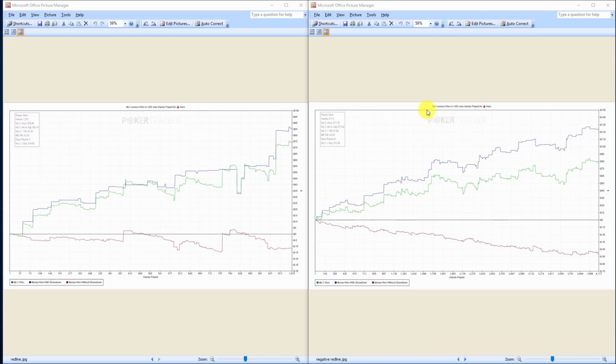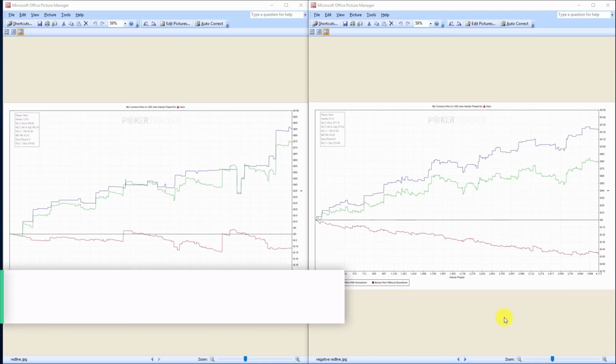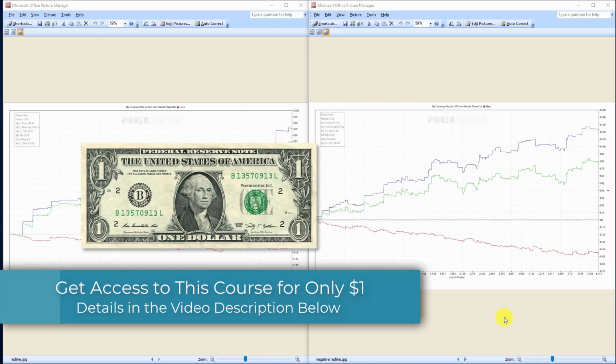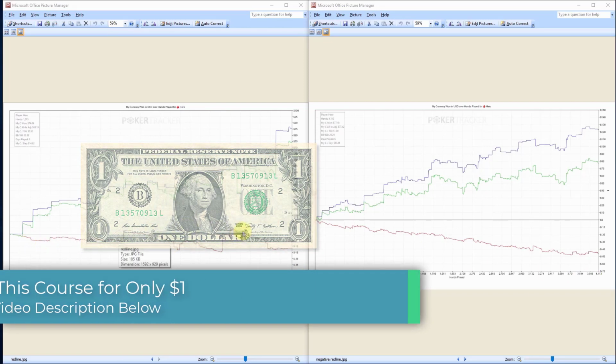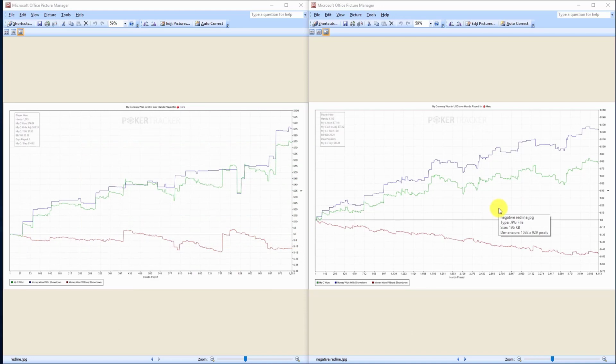There's a positive red line strategy, which this is close to. It's not fully positive, but it's close to positive. And there's a negative red line strategy, which you see over here, where it's sloping downwards. And what I've realized and what I've noticed at the micro stakes, either this type of strategy, our positive or flat red line strategy, and our negative red line strategy, they both work to some extent.